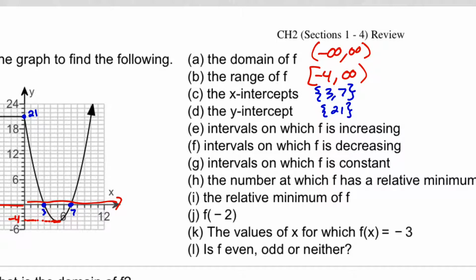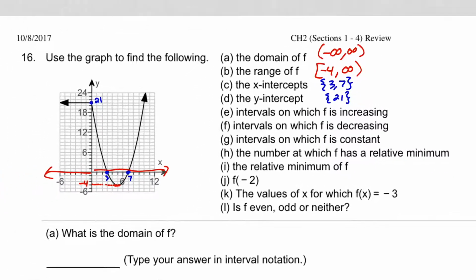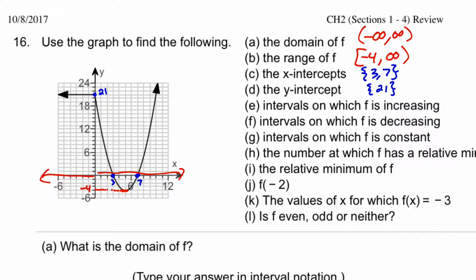Intervals on which the f is increasing, decreasing, constant. So first one is increasing. That would be, what is this? 3, 4, 5.